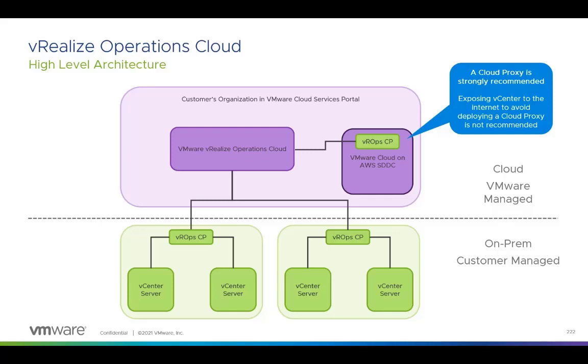So the cloud proxy is deployed in each of the customer's SDDCs or data centers to collect information from them and push that information into vRealize Operations Cloud. So you can see that we employ the cloud proxy for both on-premises and VMware Cloud on AWS SDDCs.